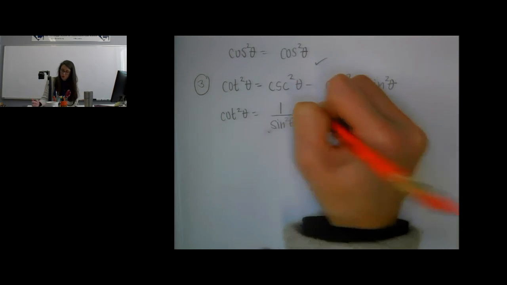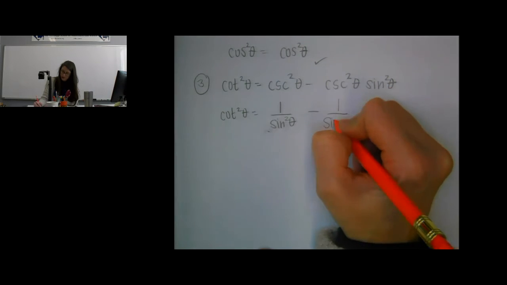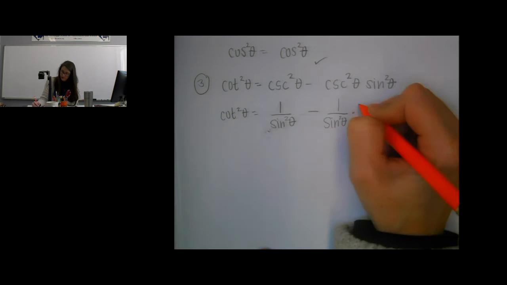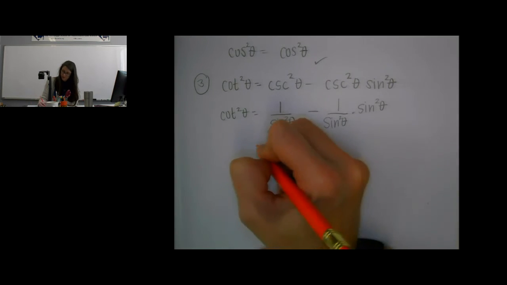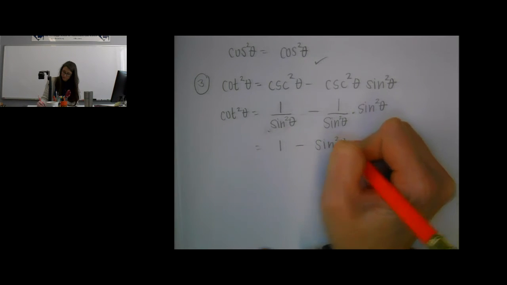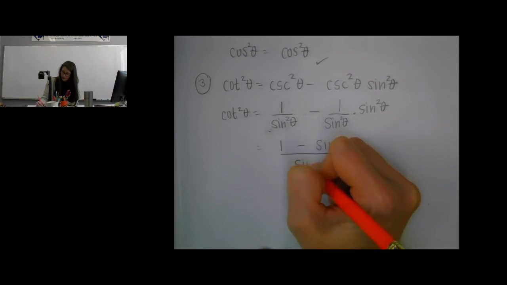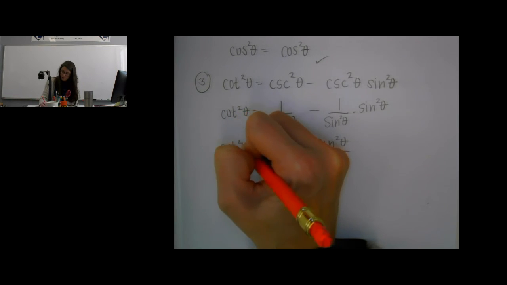And also there's multiple ways that you could do these. So this will be 1 over sine squared theta times sine squared theta. So this will be 1 minus sine squared theta. Common denominator here. So we want it to be cotangent squared theta.